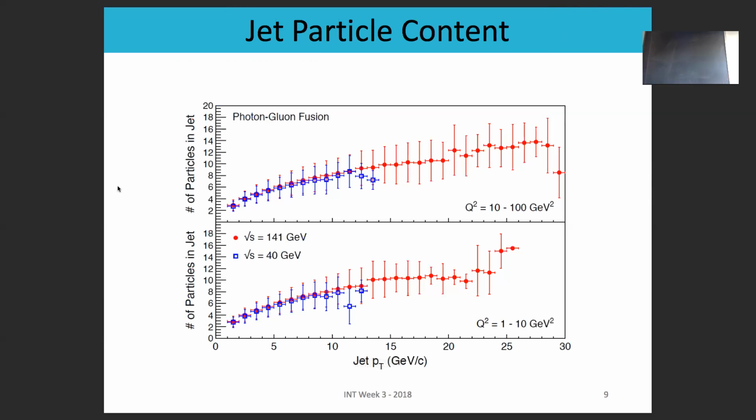Another thing to keep in mind when we're talking about jets in EIC, and Elke I think touched on this as well, is particle content. So these jets are relatively clean. They're not an abundance of particles within the jet.